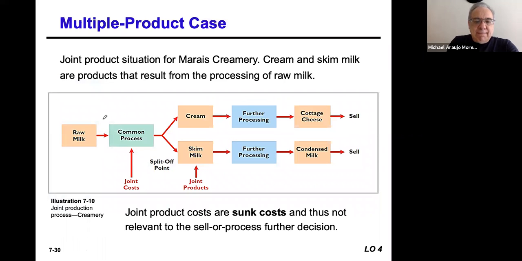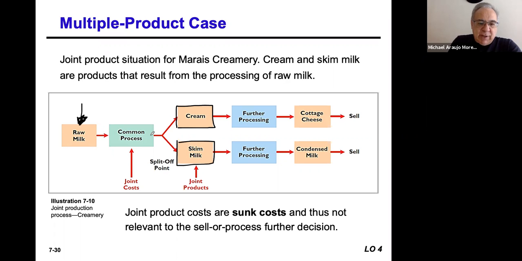Well, what if you had a company that has a multiple product line? Dairy is like that. From raw milk, and actually some people just stop right here and drink it, but I'm not that brave. There is a common process that raw milk goes through that separates the product into cream and skim milk.